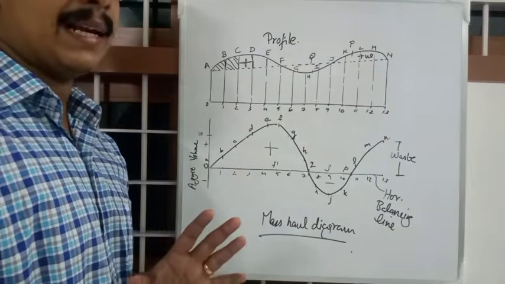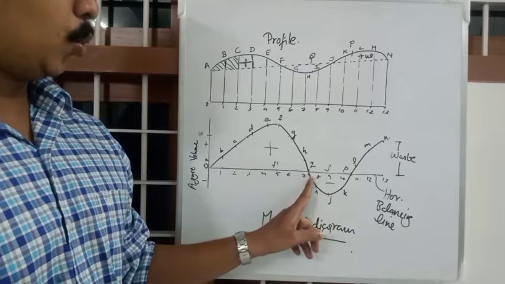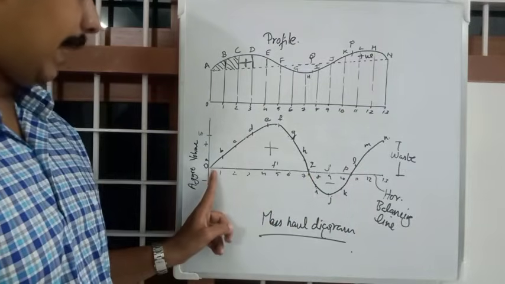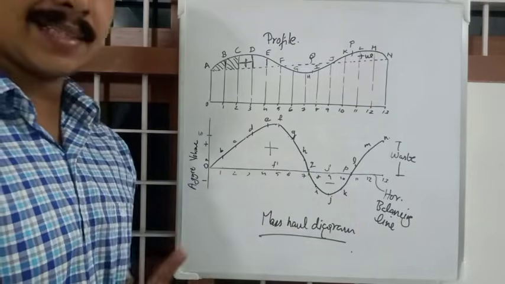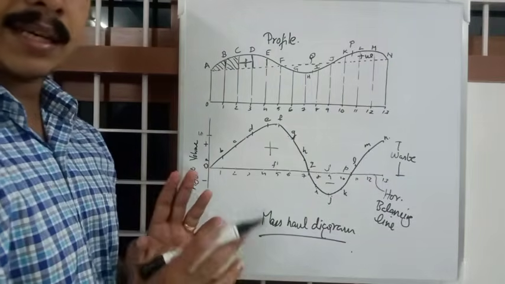So the length of balancing lines in the intersecting points. Intersecting points are A, Q, P. When the balancing line intersects the curve, they are intersecting points.